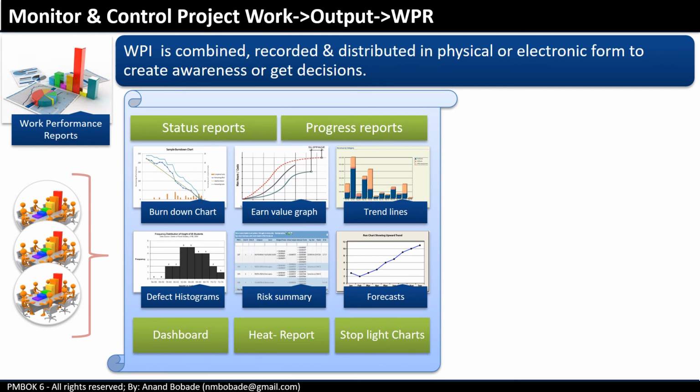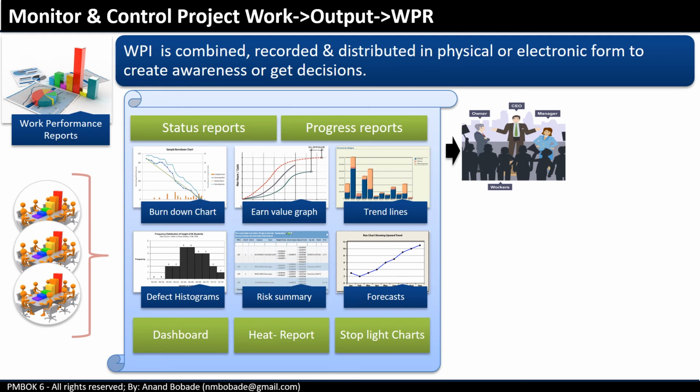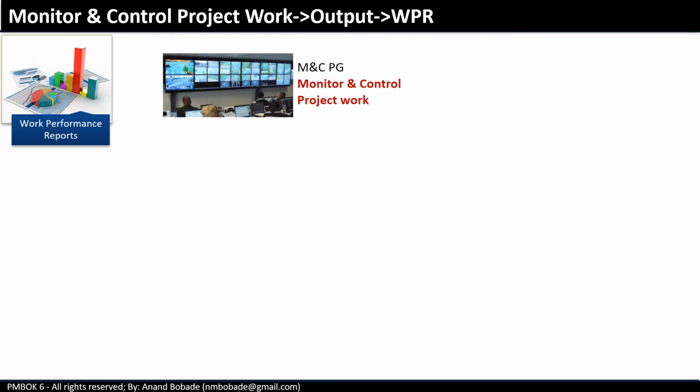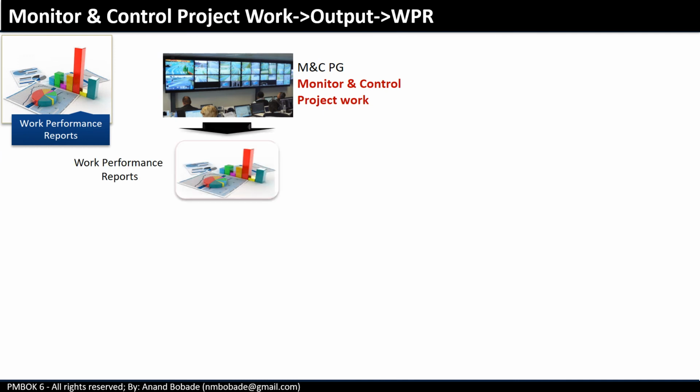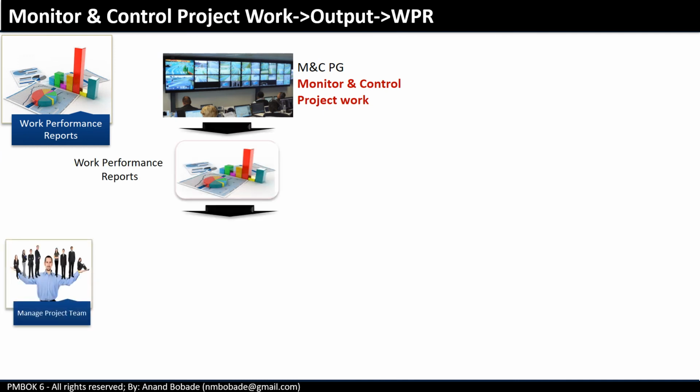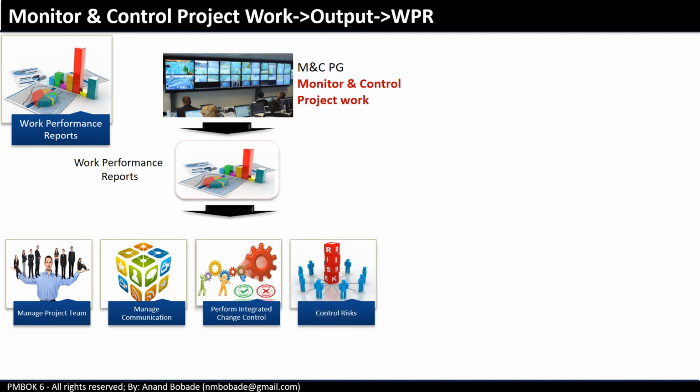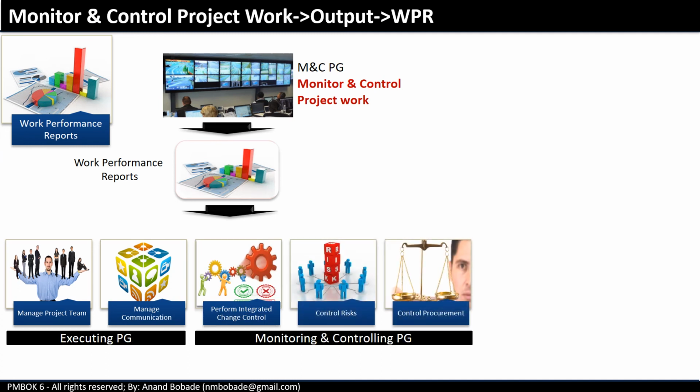These work performance reports are useful for creating awareness and generating decisions and actions. This work performance report also acts as input to processes in the executing process group as well as processes in the monitoring and controlling process group.